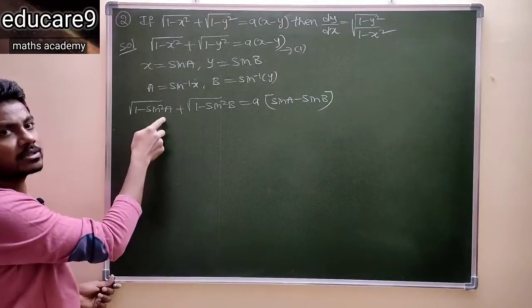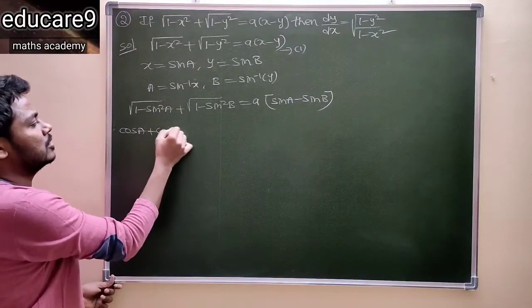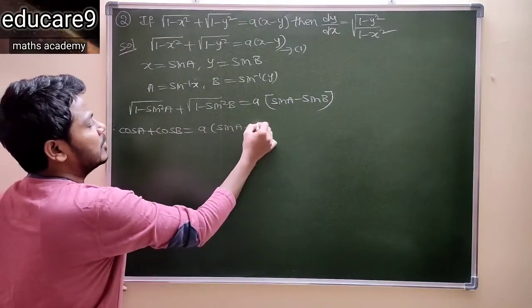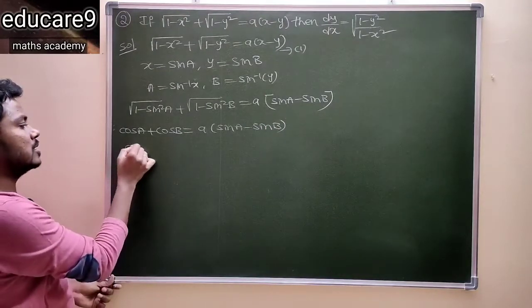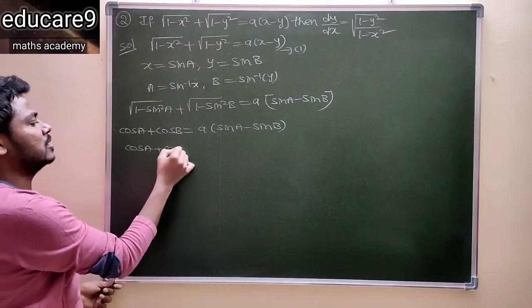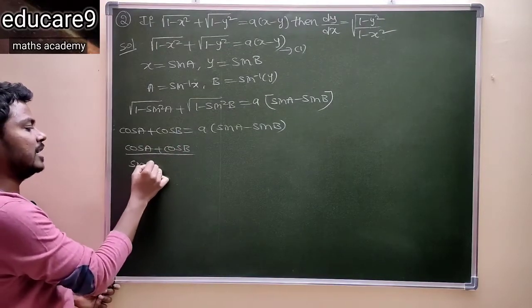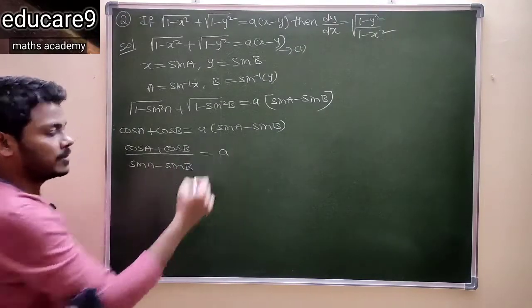Square root of 1 minus sin square a is cos a, plus cos b is equal to a into (sin a minus sin b). So this is cos a plus cos b divided by sin a minus sin b is equal to small a.